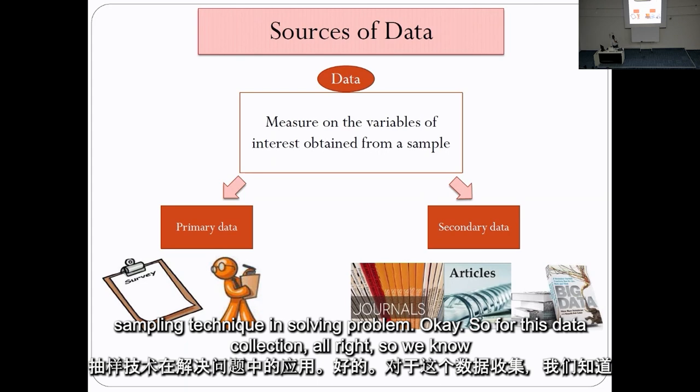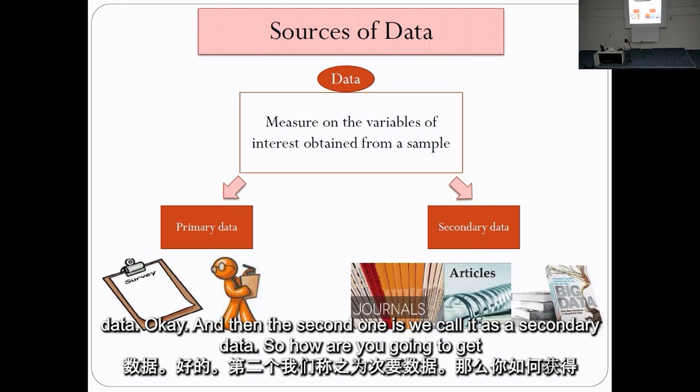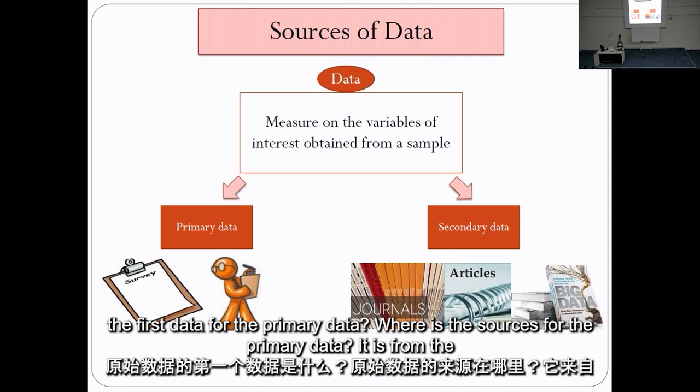For data collection, we know that there are two types of sources of data. The first one we call primary data, and the second one we call secondary data. How are you going to get the primary data?